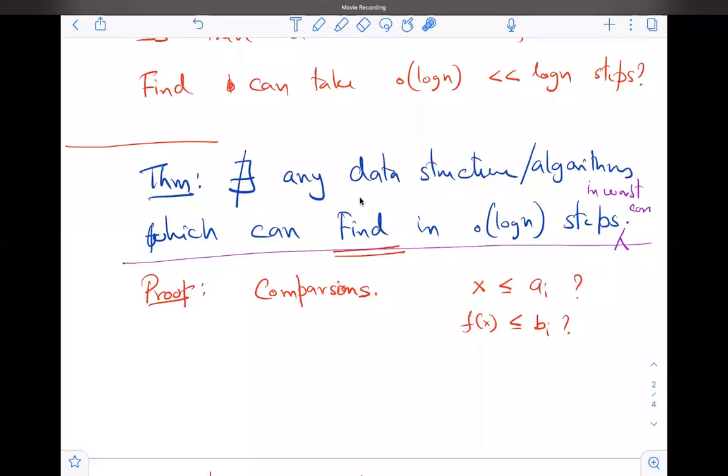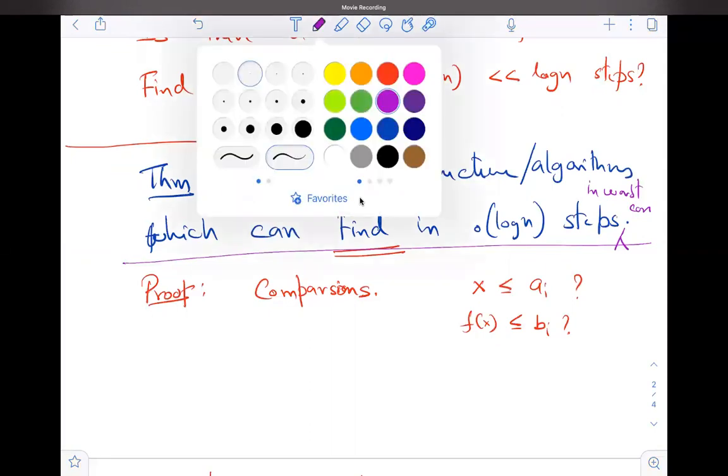You can take it as an exercise: what happens in the average case? You can prove the same thing for the average case also with a little bit more thinking, but I will not go into that in this class. This is what we call a lower bound.